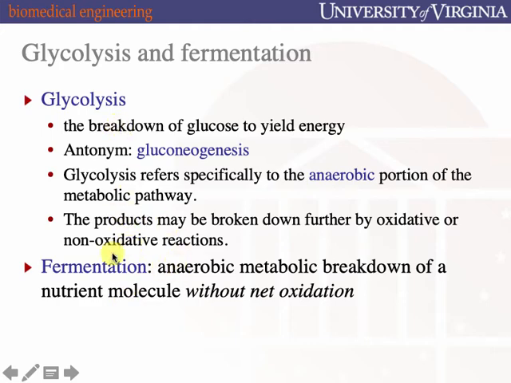If those outputs of glycolysis begin to accumulate and there's no oxygen around, then those byproducts will begin to ferment. And that's the continued catabolism, the metabolic breakdown of those outputs, to generate a little bit of additional energy, but mostly to handle the byproducts so they don't build up and become toxic inside the cells.